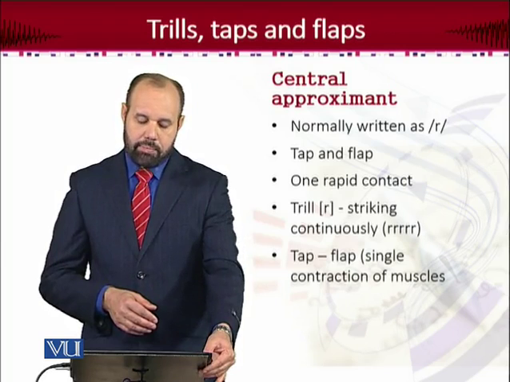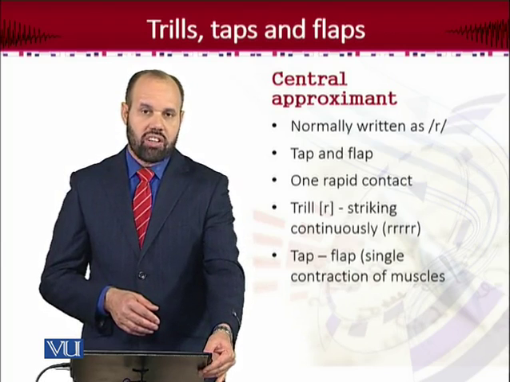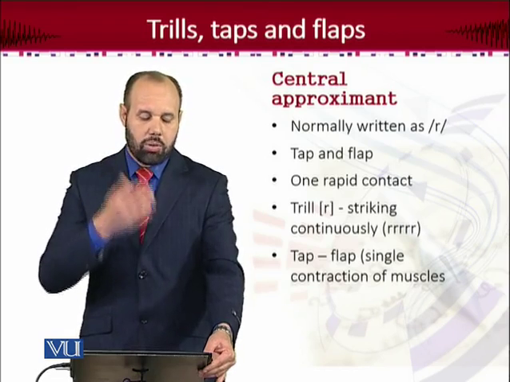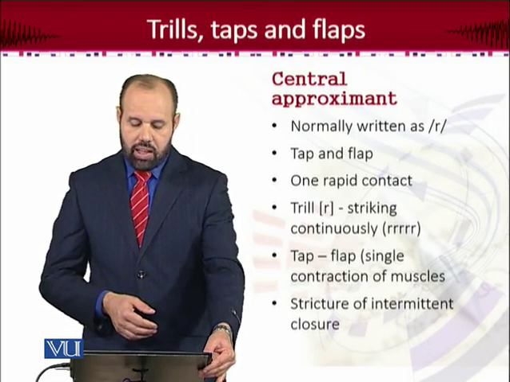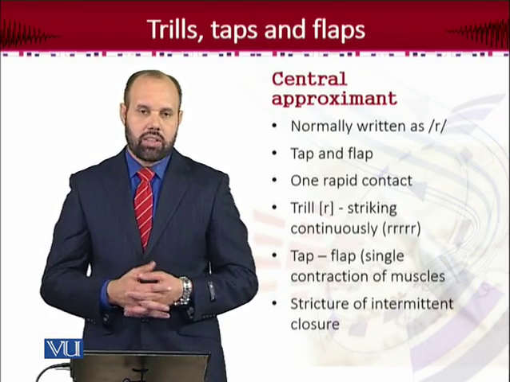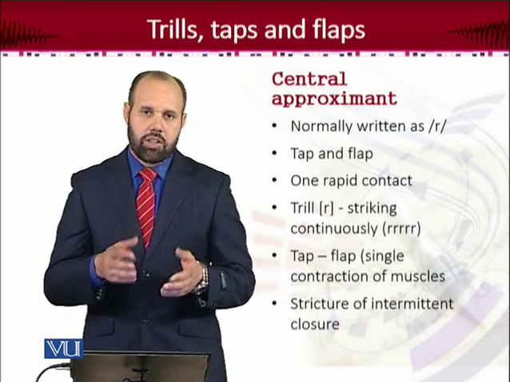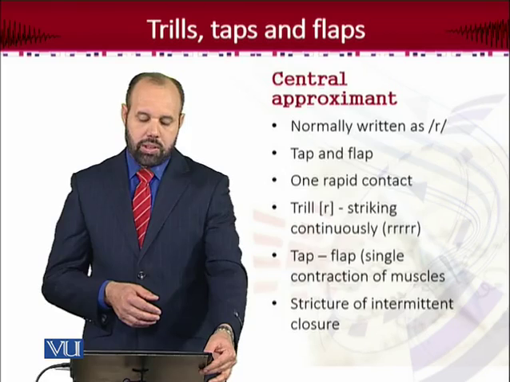In tap and flap, there's this single contraction of muscles, a single contact between your tongue and the roof of the mouth. And then the structure of the intermittent closure is similar in all these central approximants.